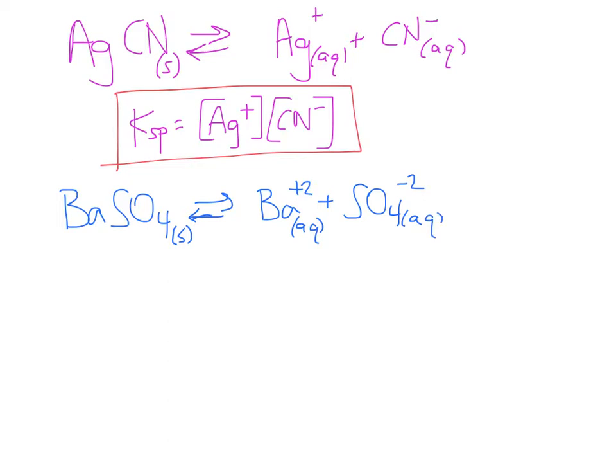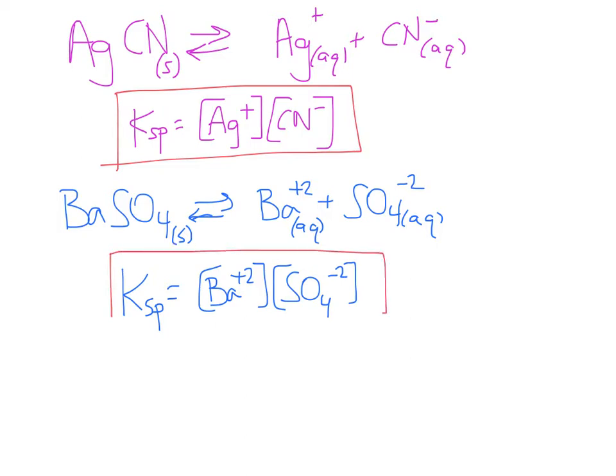So the KSP expression becomes Ba2+ times SO4 2-. And that's it. That's all you got. That is your KSP expression for BaSO4. Now take note that this plus 2 and minus 2 are not squared or cubed or anything. That's just a plus 2 and a minus 2 because of the charges.